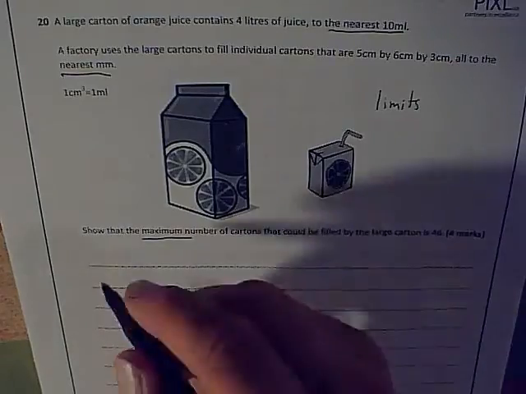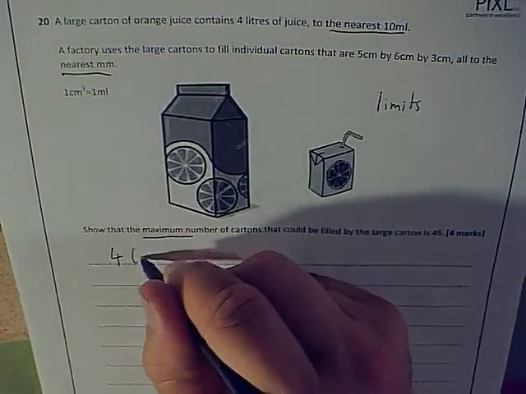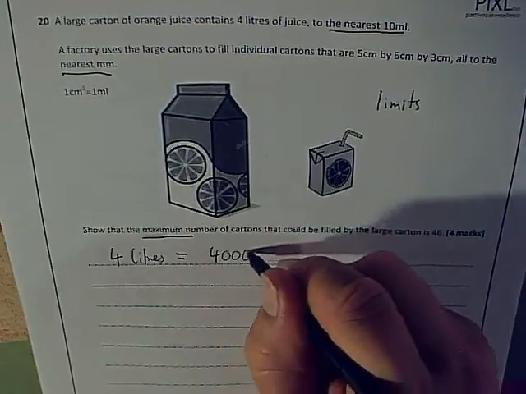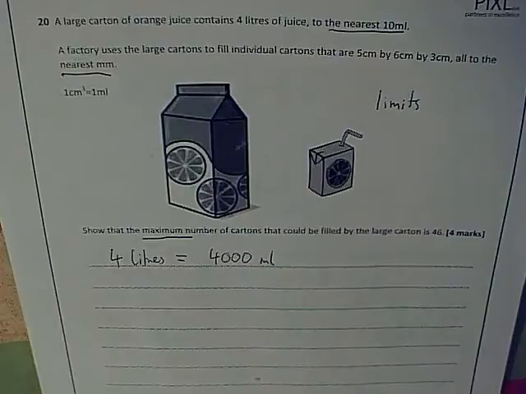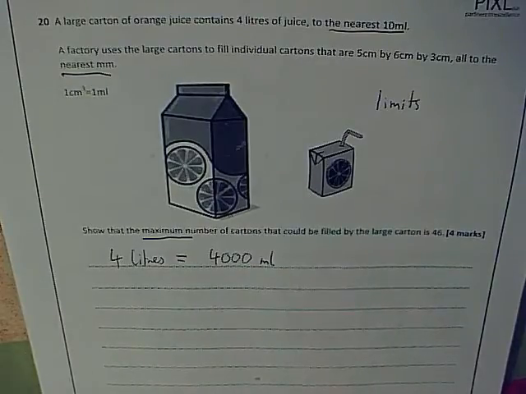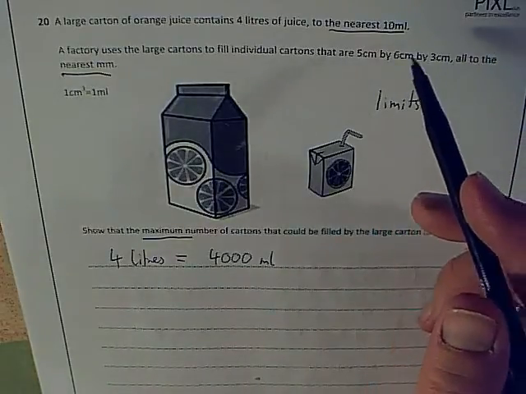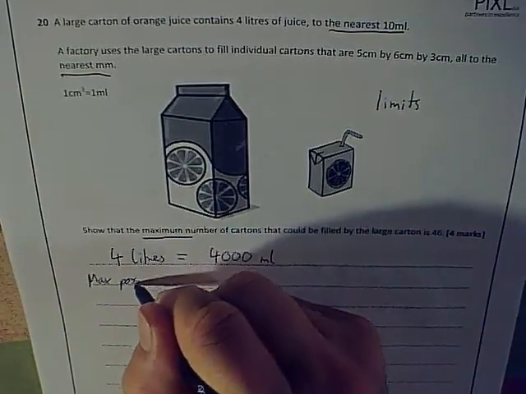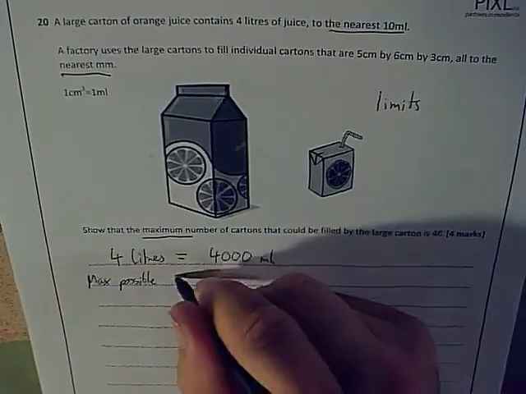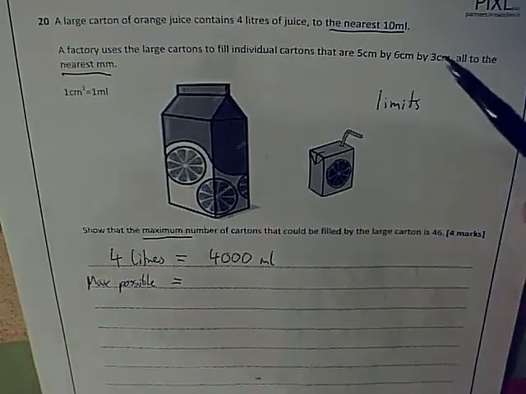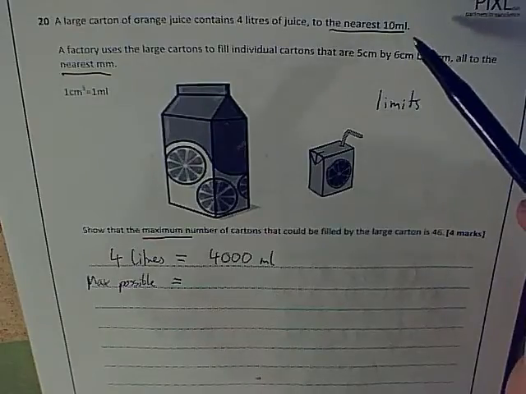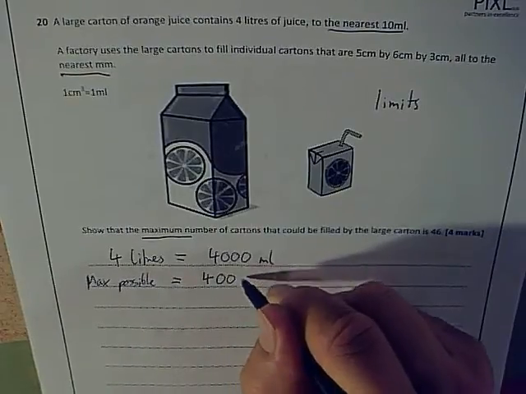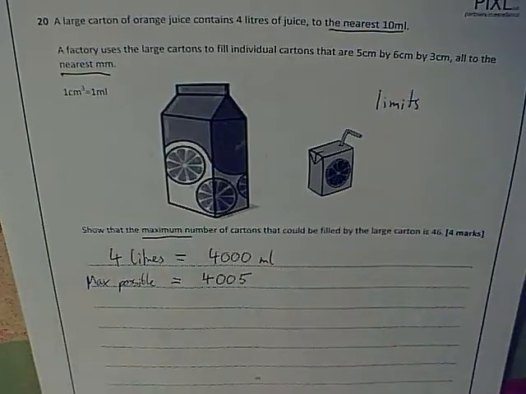So 4 litres equals 4,000 millilitres, which I'm sure you do know. So to the nearest 10 millilitres, the maximum possible, remember with limits like this, where it's continuous data, my maximum possible that I'm going to use to calculate is 4005.